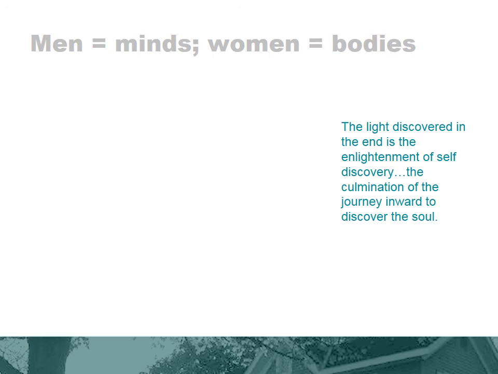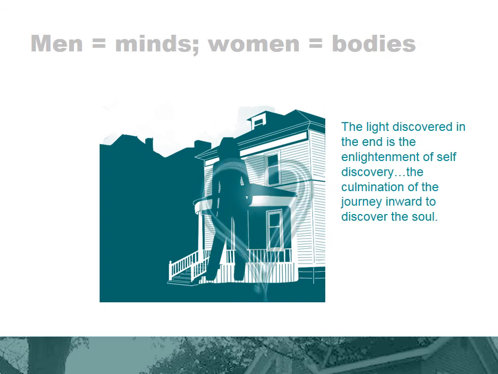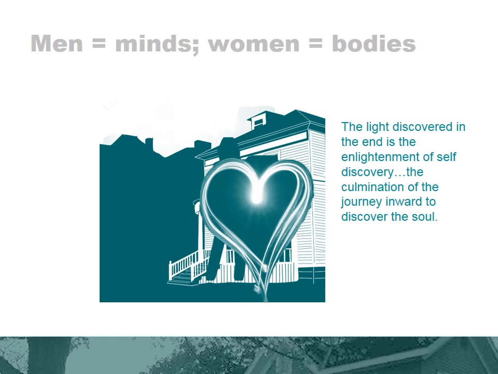It's this enlightenment of who she really is, not what I am, but who I am, and the culmination of the journey inward to discover the soul. So we go from being confined by a house to becoming unconfined and finding that light deep inside. The deepest crevice of the house, or the deepest crevice of the woman's body, is her soul, and to free that soul, let it shine through.